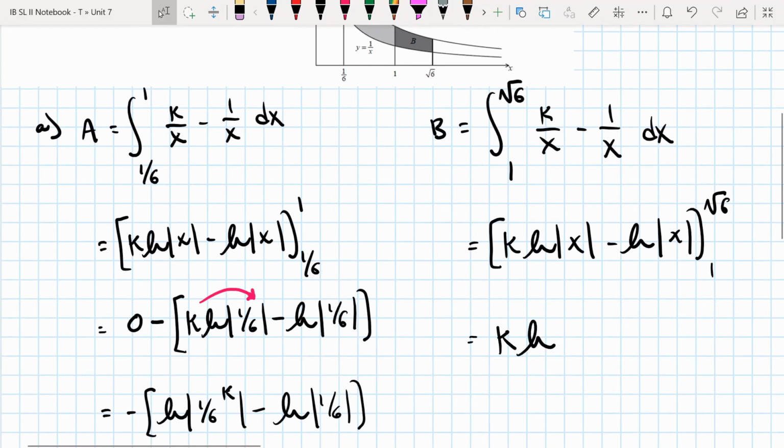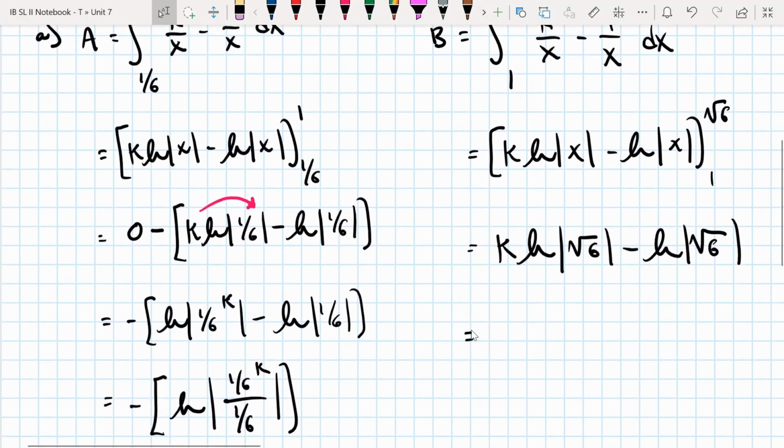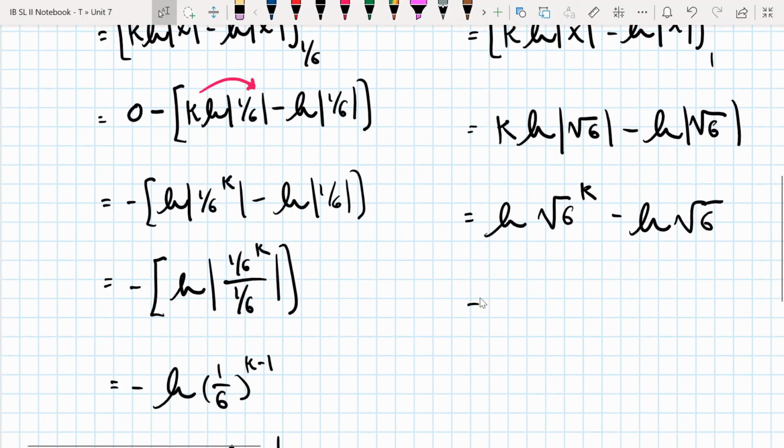So k natural log of the square root of 6 minus the natural log of the square root of 6. Now let's simplify this. So this becomes the natural log of square root of 6. Again, I'll get rid of the absolute value signs. Natural log of the square root of 6 raised to the k power times the square root of 6. And now we can finish up this question by first rewriting it like this.